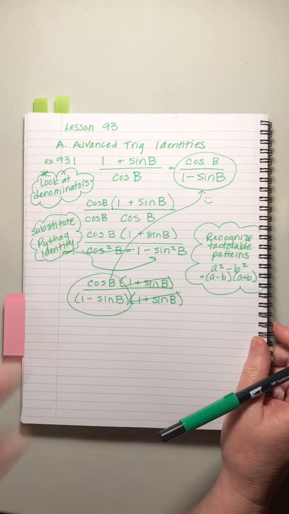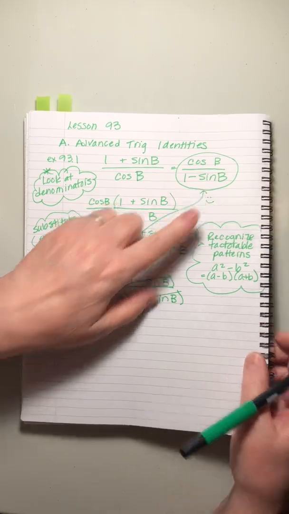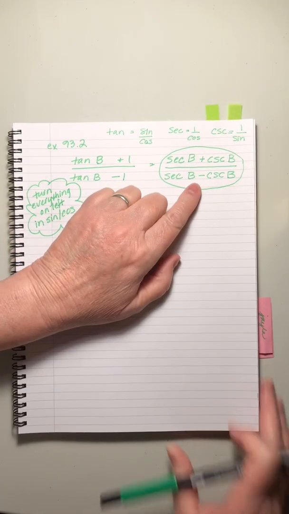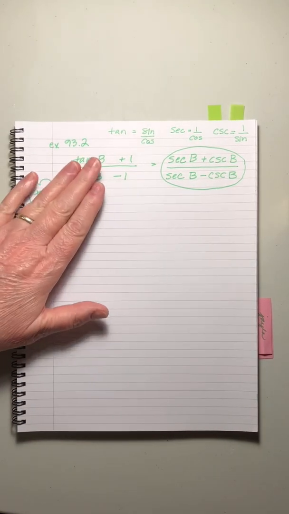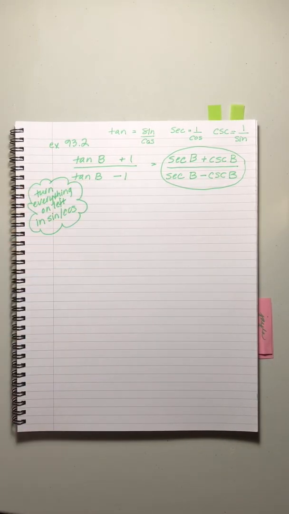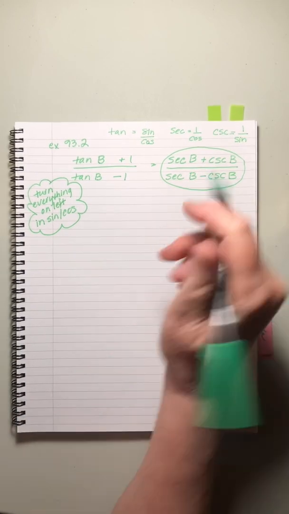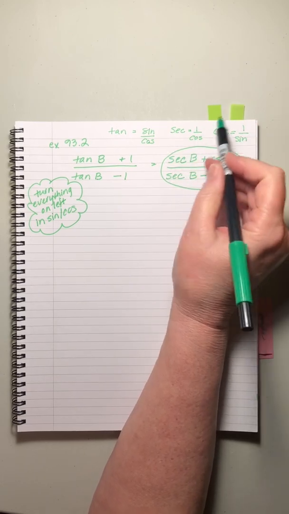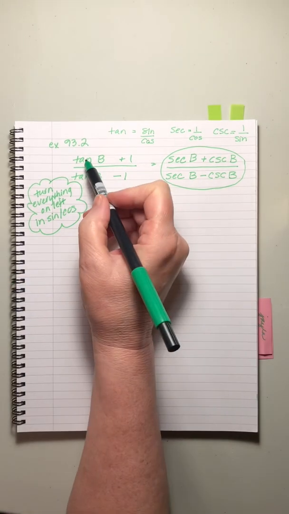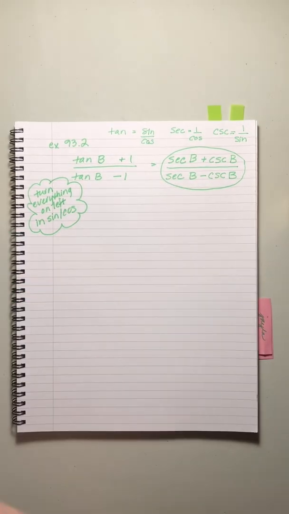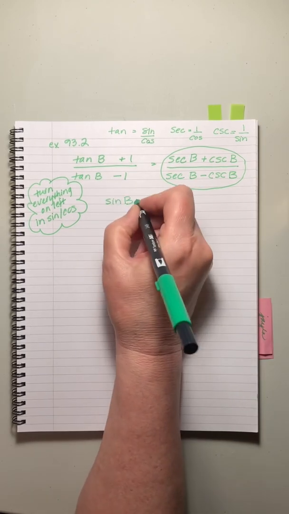We had it in sine and cosine. That makes it easier. Happily, we were trying to shoot at a target that was sine and cosine. This time, our right side, our goal, is a little more complicated, but still, I really like to switch the left side to sine and cosine, then reshape it and see if we can get it to this. This helps me because it reminds me of what these actually represent, okay? So what we're going to do is change these tangents into sine and cosine.